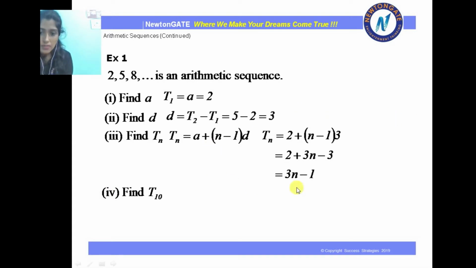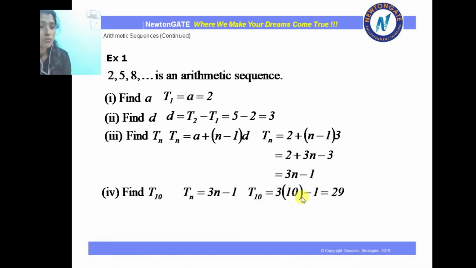We have the formula for Tn here, so from here we can find T10. Just put n equal to 10 here and you will get the answer. So putting n equal to 10, 3 into 10 minus 1, that is 29. So the 10th term is 29. We haven't written it here, but we can find it with this formula.